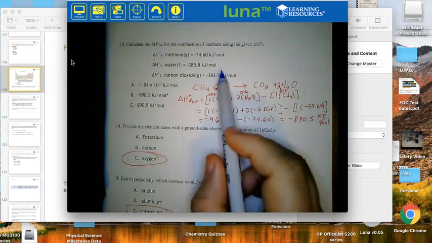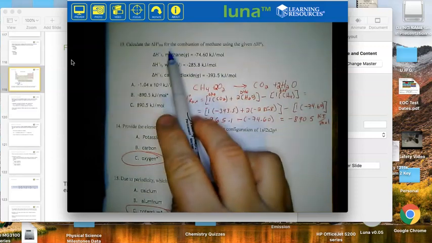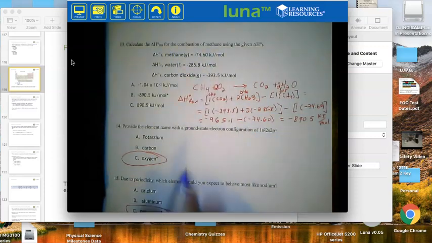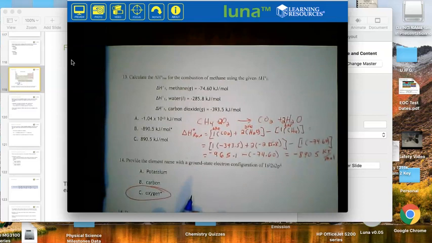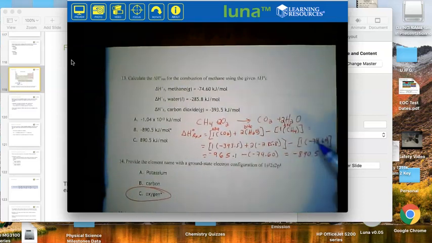They gave us the standard enthalpy of formation for those. They're wanting us to calculate for the combustion of methane, so you have to be familiar with the chemical reaction for the combustion of methane. The formula for methane is CH4. With combustion reactions, you know a reactant is always oxygen, and when you have a fuel that's a hydrocarbon, the products are always going to be carbon dioxide and water.